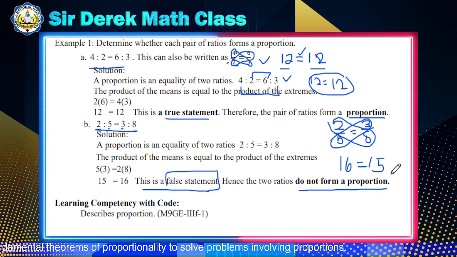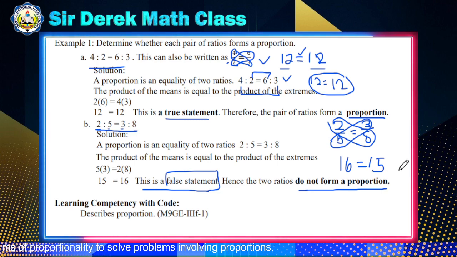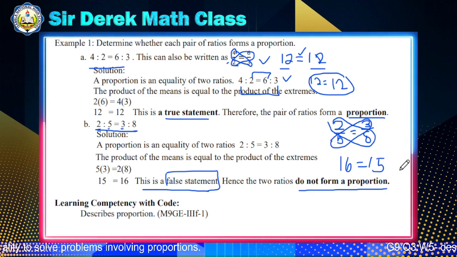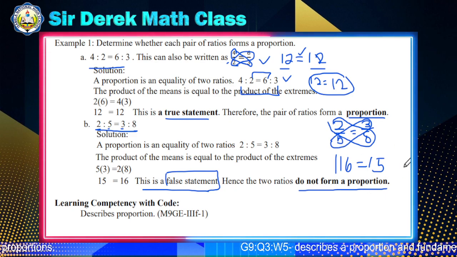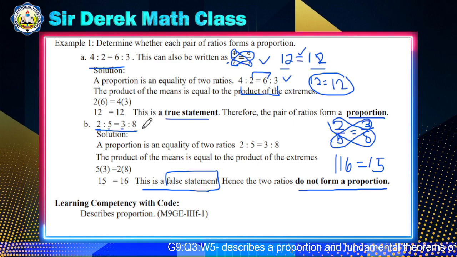We are spreading a false statement, or a false story, whatever it is. It does not form a proportion. It is not consistent. So the given ratios do not form a proportion.